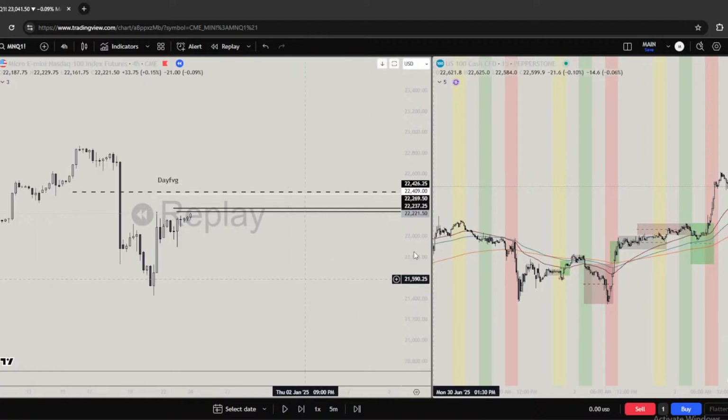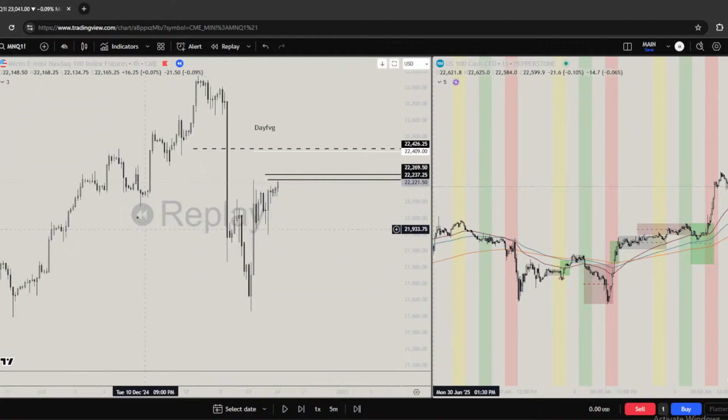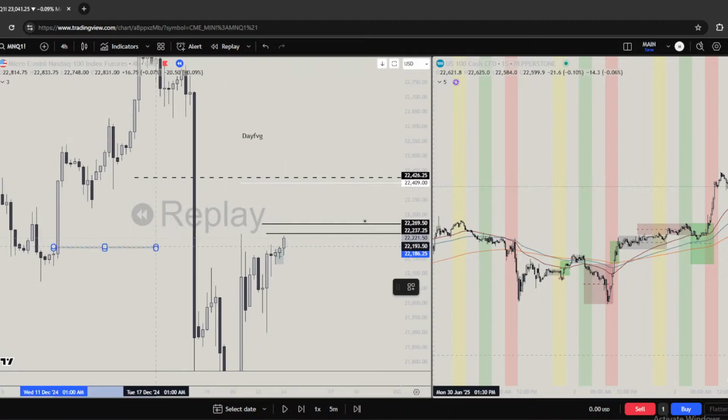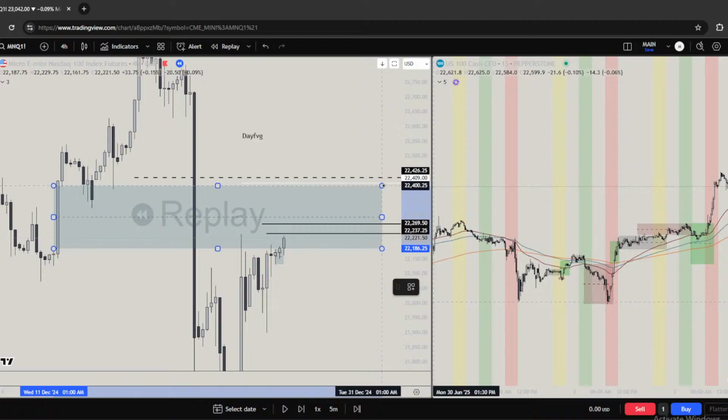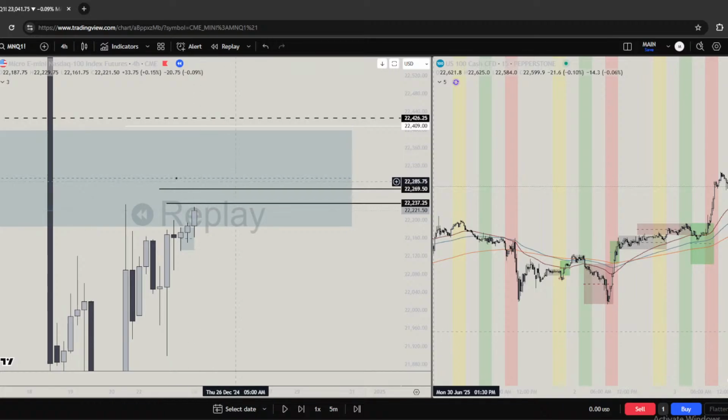Okay, my take. This is where I'm looking for price to reverse at. What do we have? Yep. Taking this long back up in here. Looking for price to reverse up here.